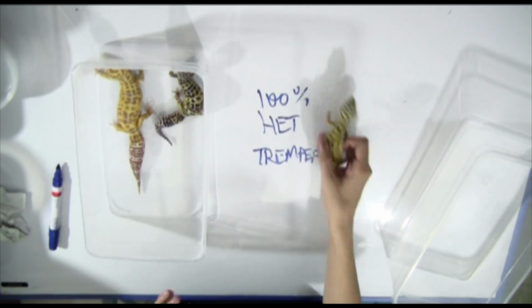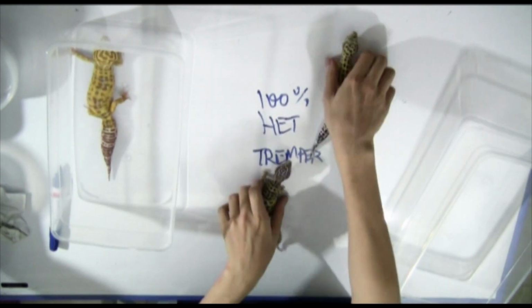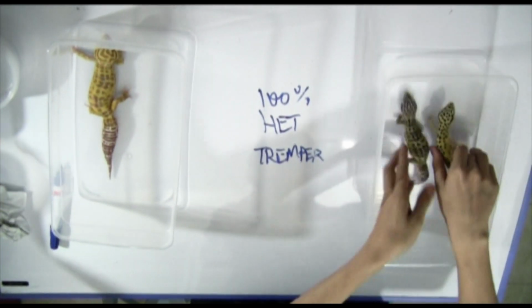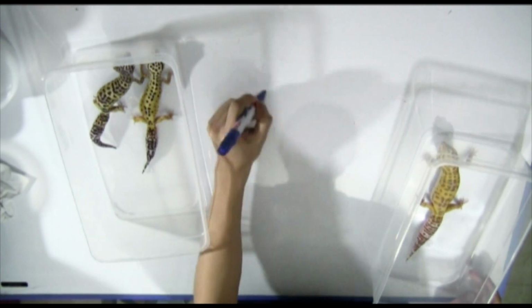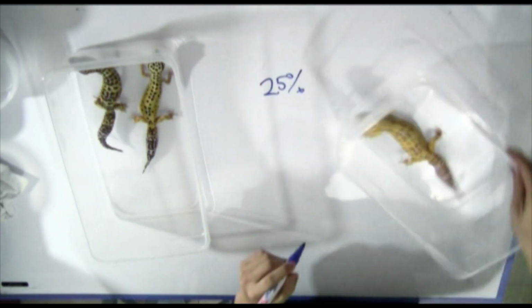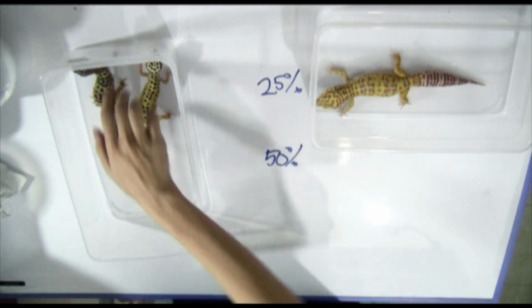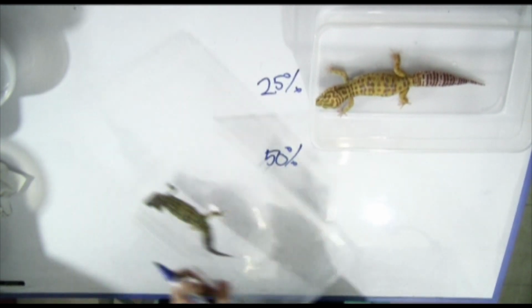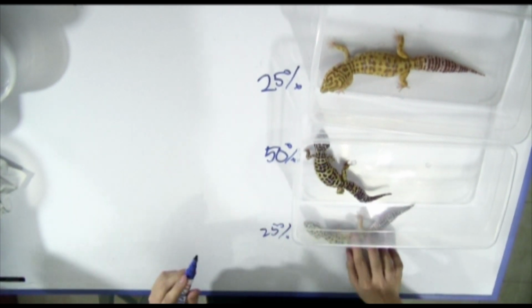of the trampled albino. And let's assume now that we have 2 het trampers. If you pair these 2 back to each other, what you will make is 25% tramper, 50% het for tramper, and lastly 25% normal.